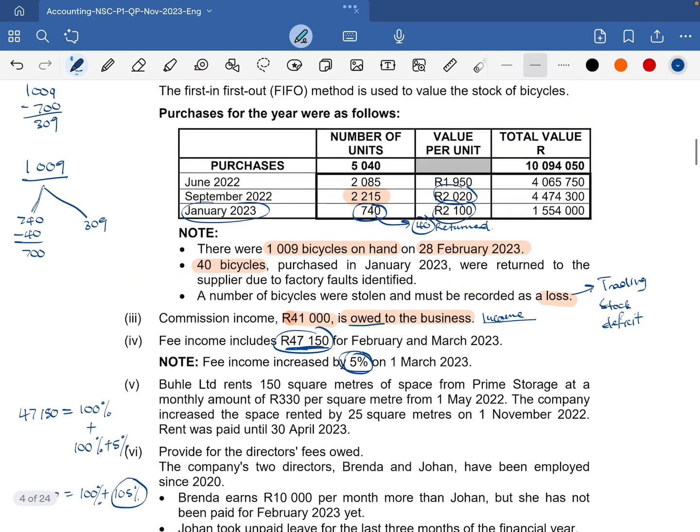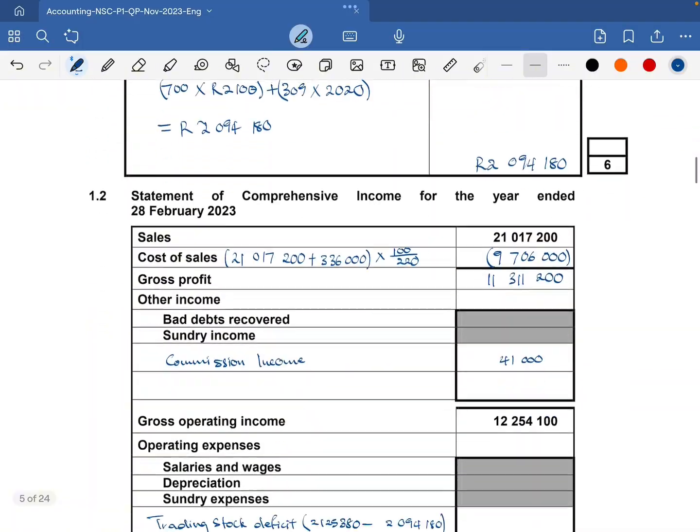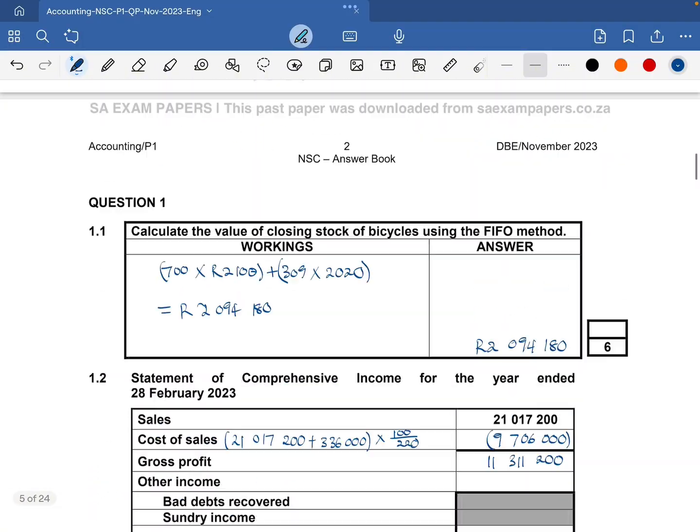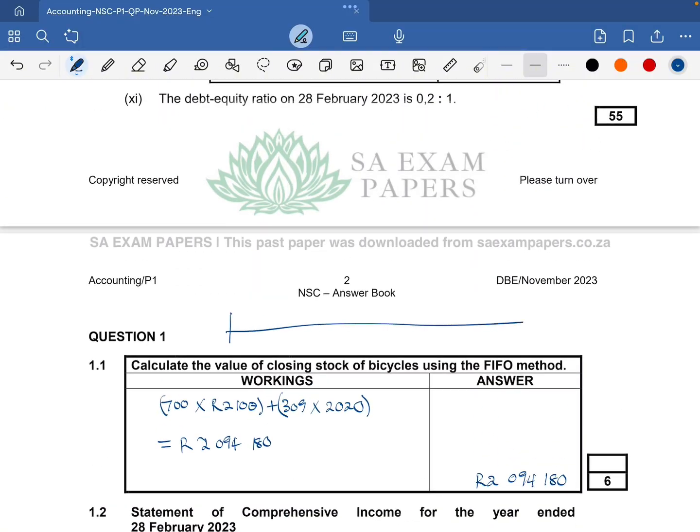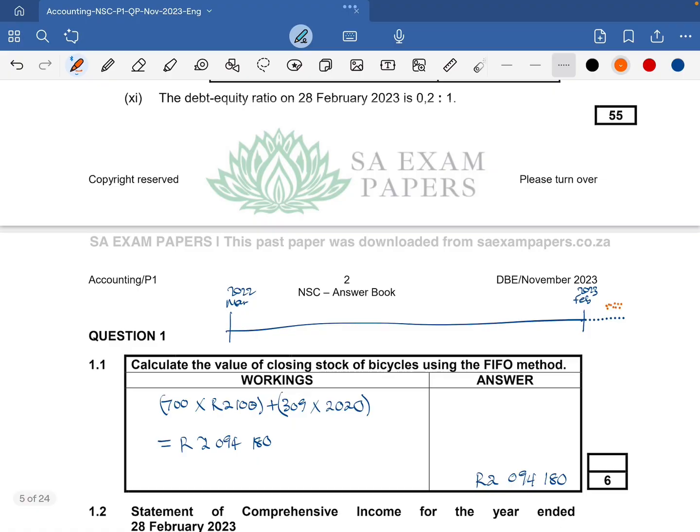Now, in this case, we need to just draw a timeline so we can see where our year end is. Okay, so I'm just going to draw a timeline, and we have March 2022, we have Feb 2023. But here in this case, we had March 2023 of fee income being received.